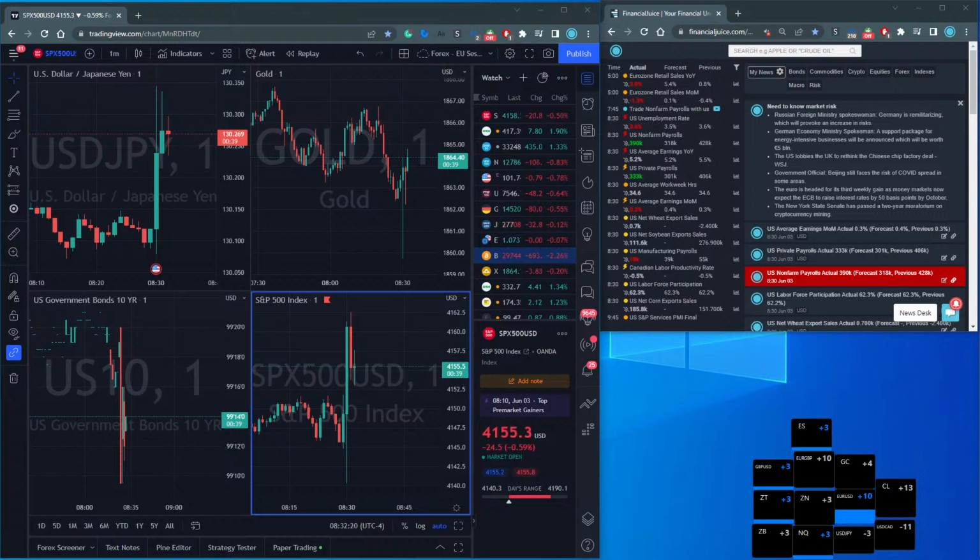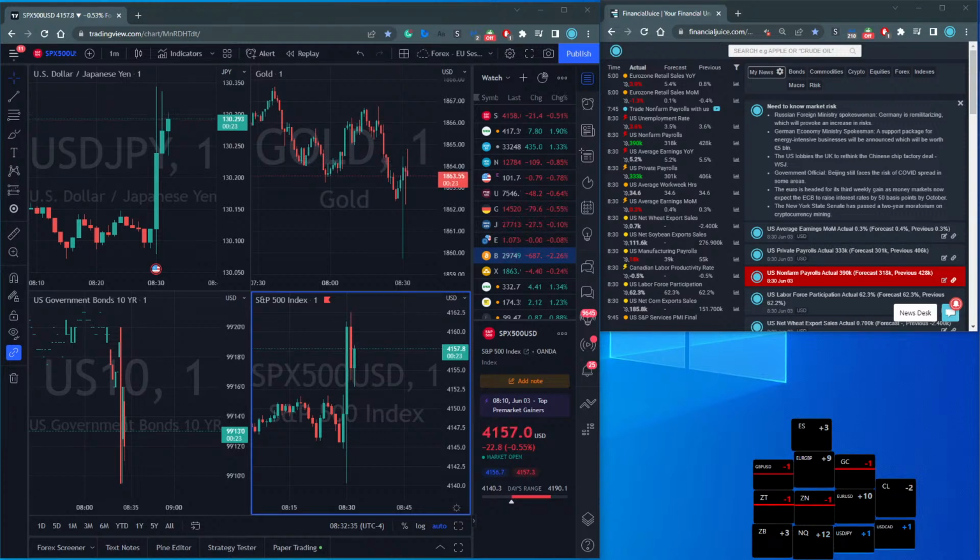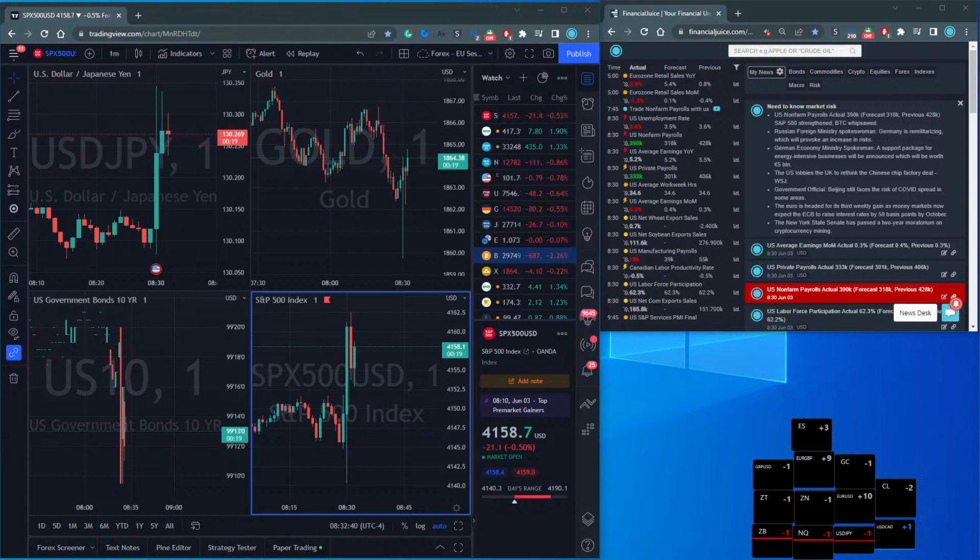All right. 390k. Forecast 318k. So there was about a 72k deviation on the non-farm payrolls figure itself. The unemployment rate remaining unchanged at 3.6%. Private payrolls, as said, actual figure 333k, and then the forecast 301k.